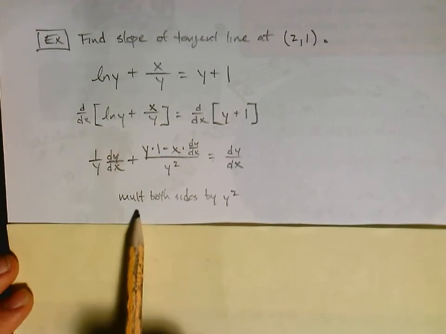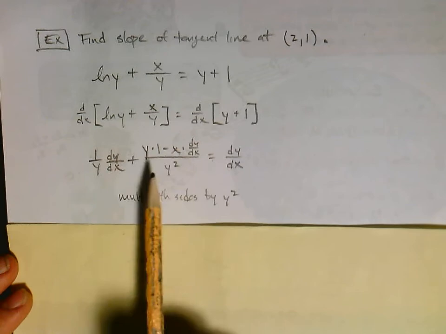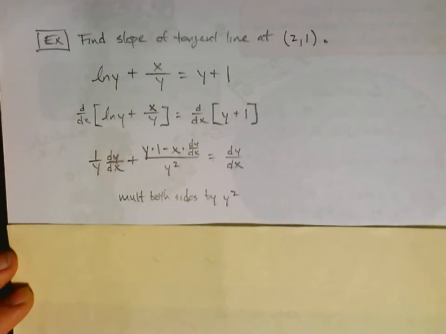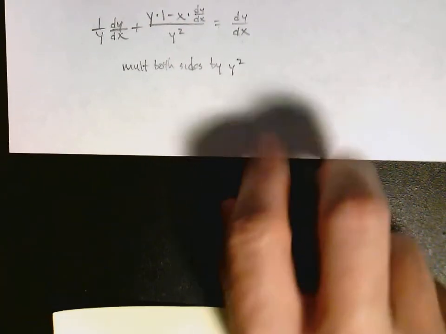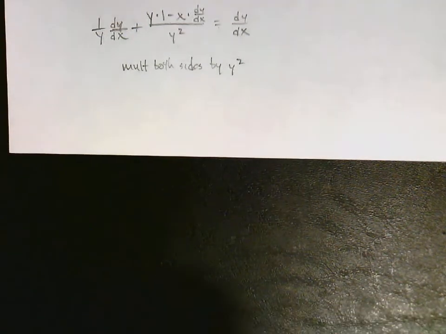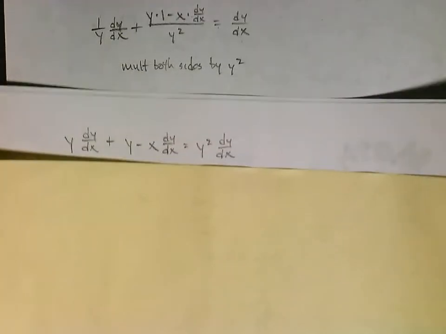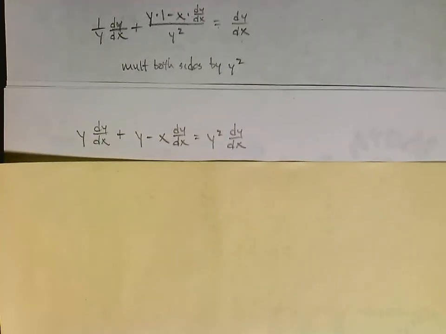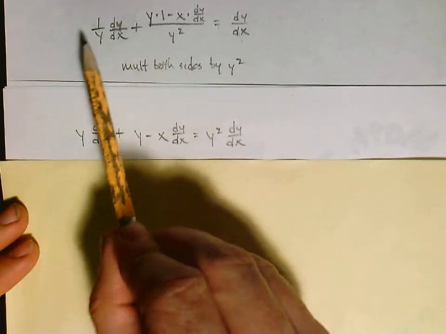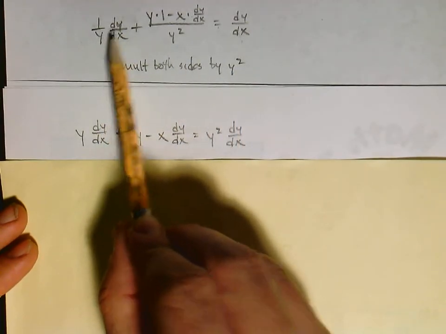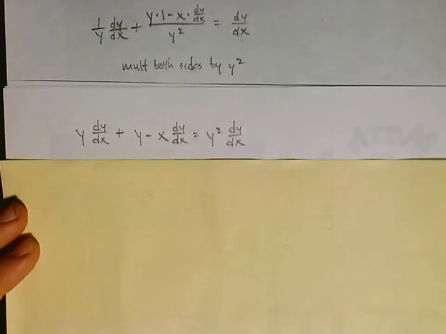What we're going to do is multiply both sides of our equation by that very denominator, y squared. So multiplying both sides by y squared, really that boils down to multiplying each of the three terms by y squared.